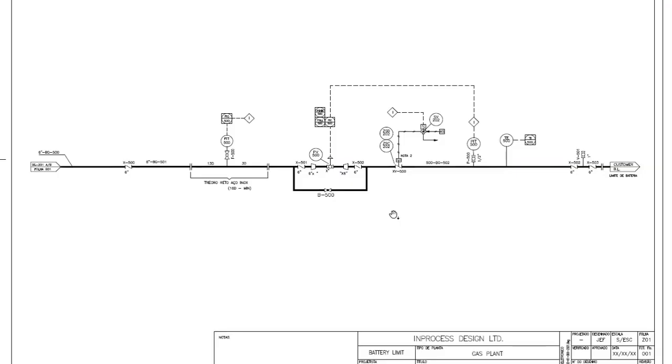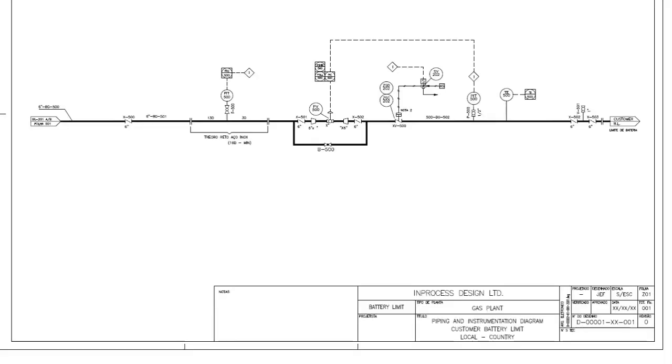The seventh engineering deliverable that I will show you is finally the P&ID. You will do your P&ID for the first time based on all the previous information, or the previous documentation that you were working on.